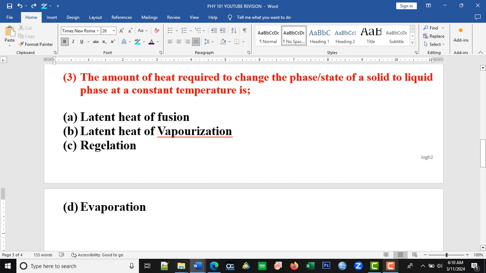The amount of heat required to change the state of a solid to liquid state at a constant temperature is latent heat of fusion.